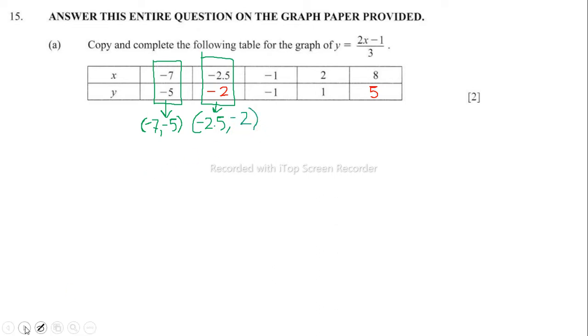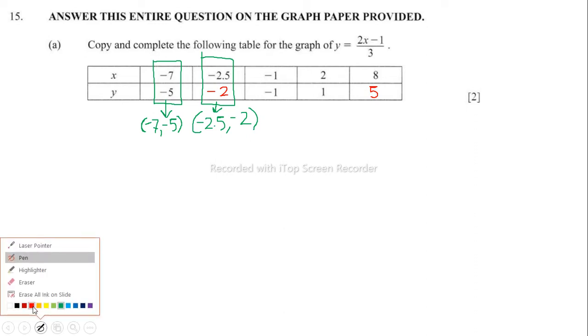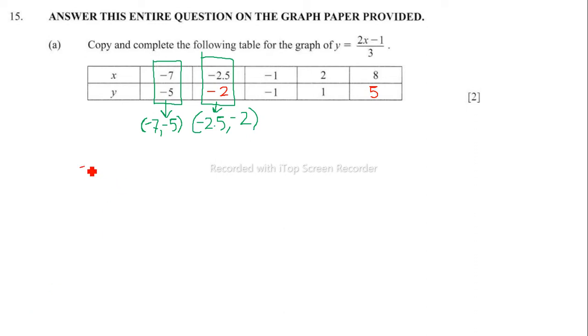Okay, so based on this, can someone tell me what would be my x1? -7, because it's the first x value that I chose. What's my y1? -2.5, right?